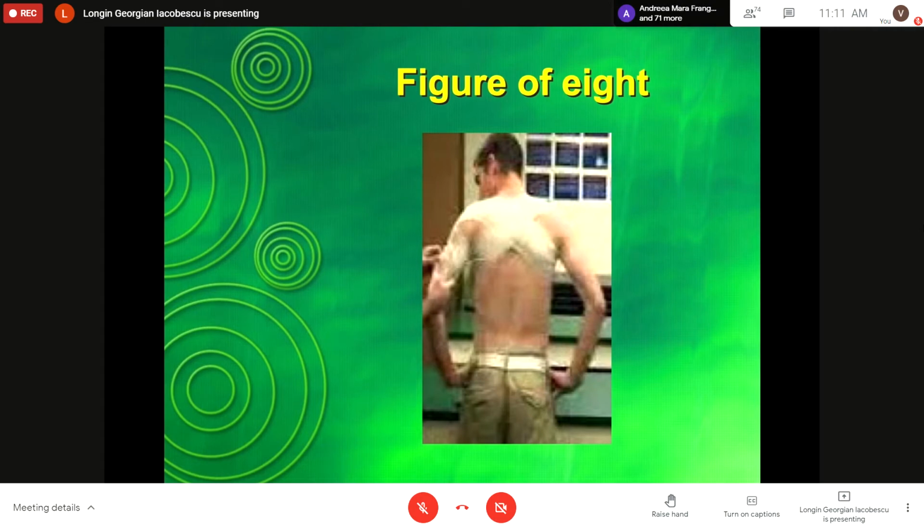The reduction maneuver of the fracture of the clavicle is made through the positioning of the medic's knee in the interscapular location, and tries to pull the shoulders back and upwards. And afterwards, the figure of 8 bandage is applied. As its name says, its shape is similar to the number 8.